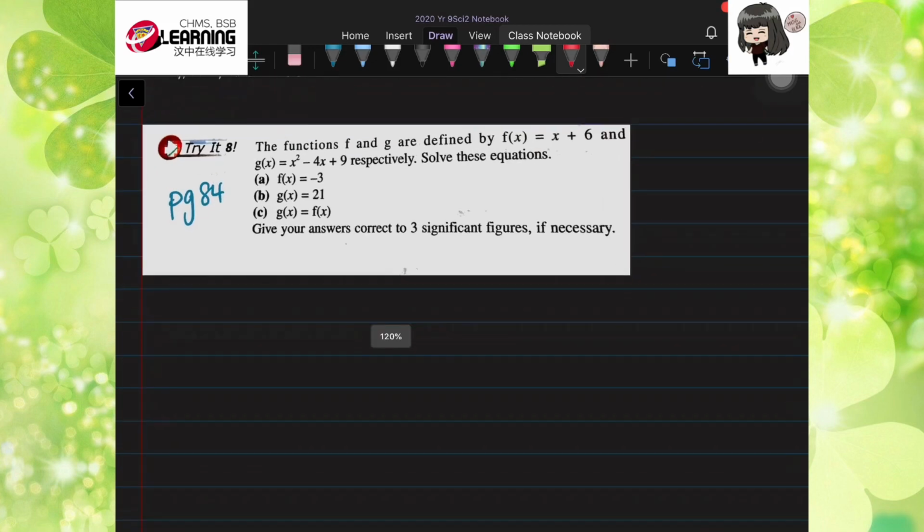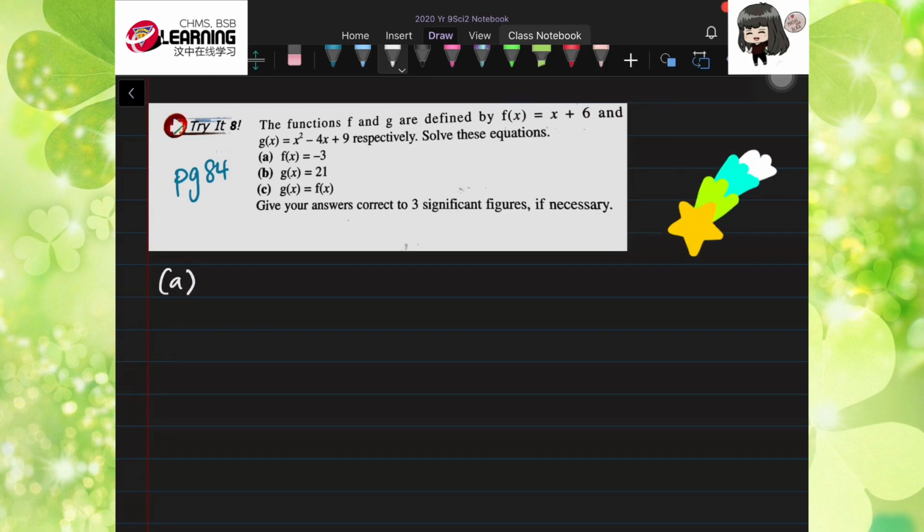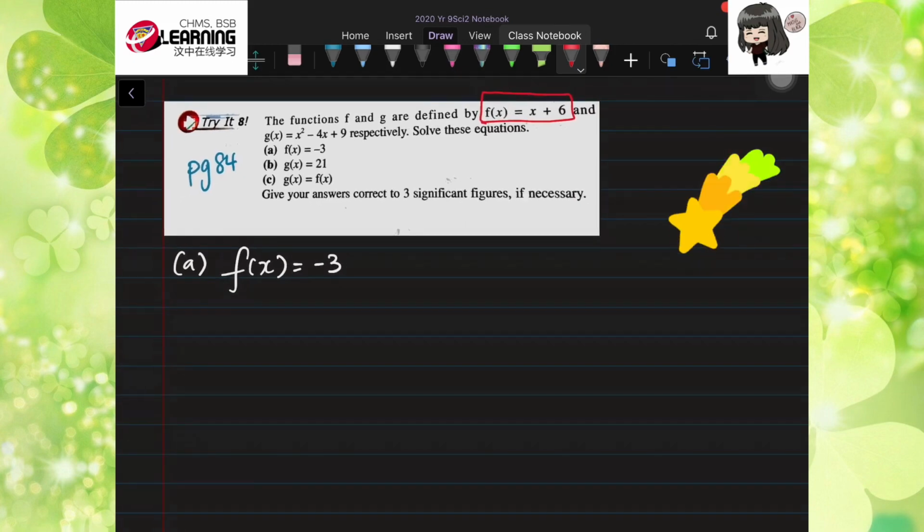The functions f and g are defined by expressions there. Solve these equations. Part A, we have fx equals -3, and we know that fx is already given here, x plus 6.